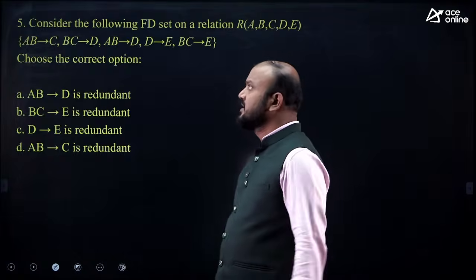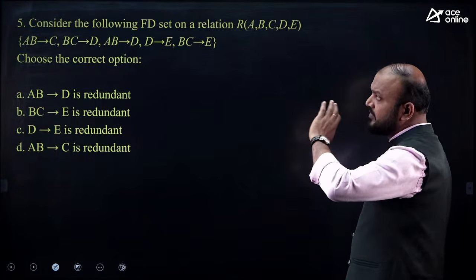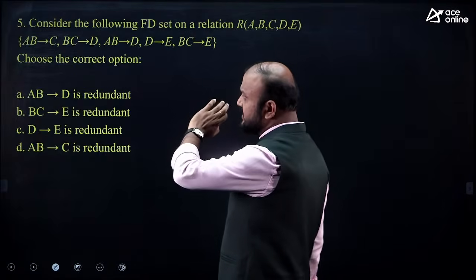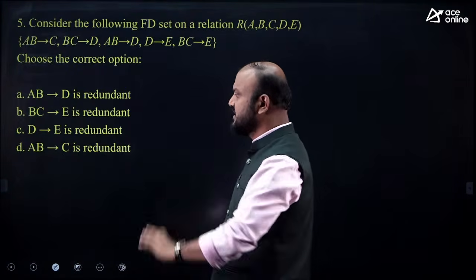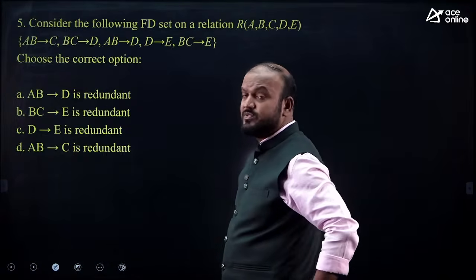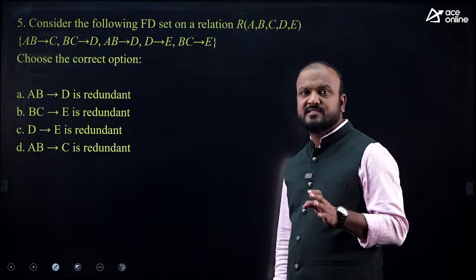So what is asked? Consider the following FD set on a relation R of A, B, C, D, E, and these are the dependencies given. Choose the correct option. What is given? AB to D is redundant, BC to E is redundant, D to E is redundant, AB to C is redundant. So how do you find that a particular dependency is redundant?